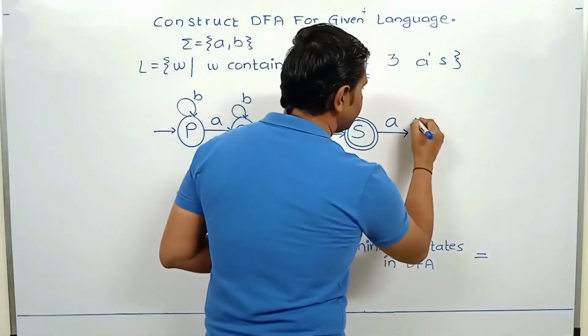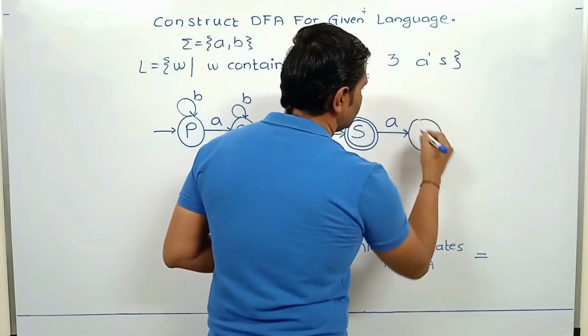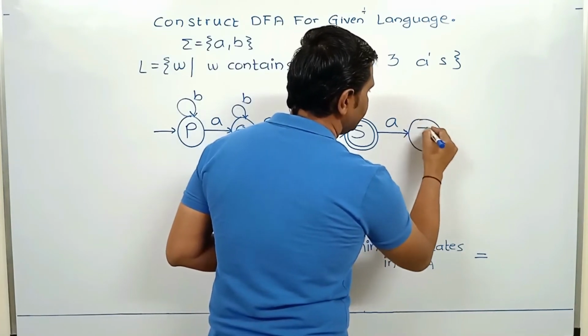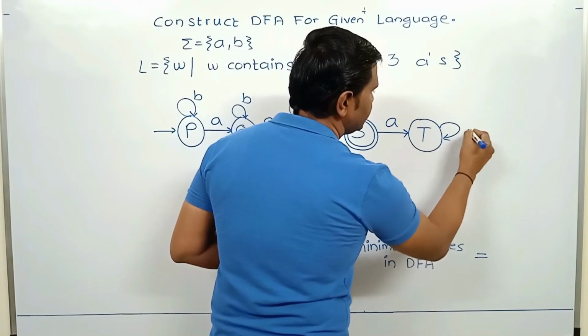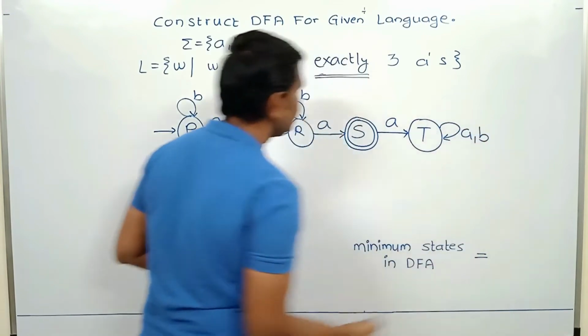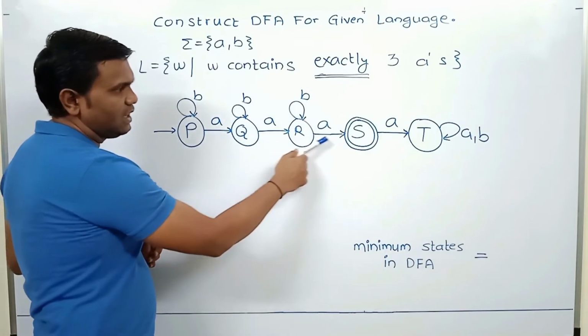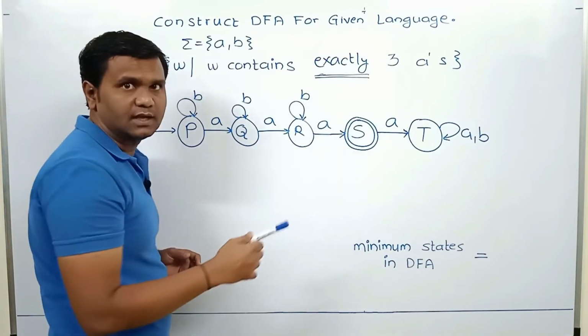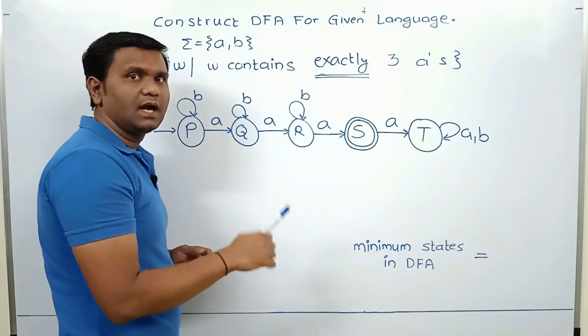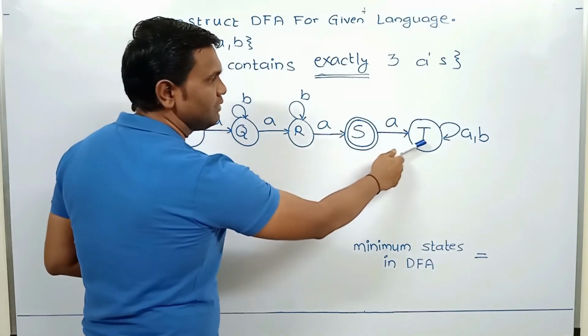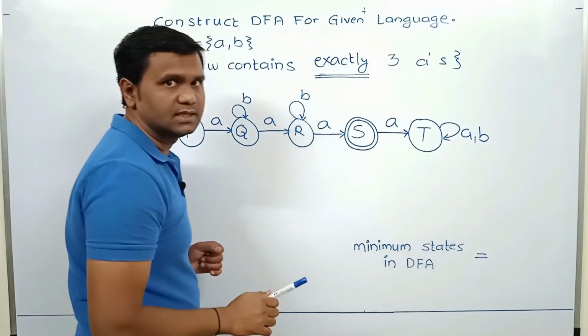So we must reject the string. So here we go to a trap state and then we reject the string. So if there are exactly 3 A's, it will come to S and it will accept the string. After that, if another A comes, it will go to the trap state and it will reject the string.